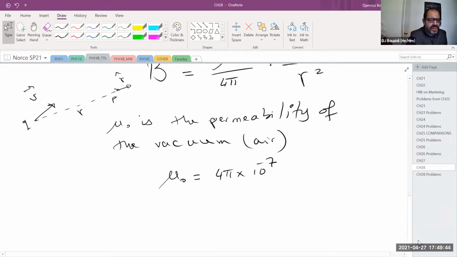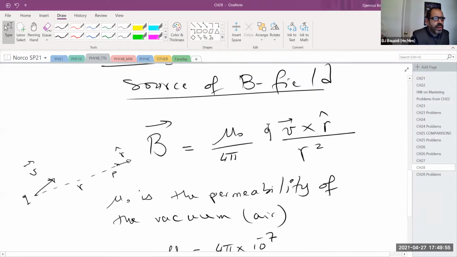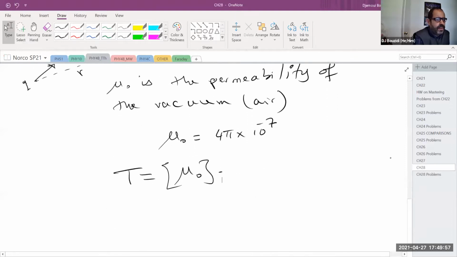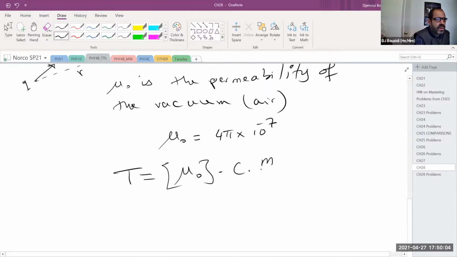So let's plug in the numbers in here so that we see. So on one side, we have a Tesla. 4 pi has no units, so I don't care about it. The units for mu naught times the units for Q, which is a Coulomb, the units for velocity is a meter per second, divided by 1 over meter squared, the distance squared. Cancel one of this meter with that meter, and a Coulomb over a second is actually an Ampere, okay?